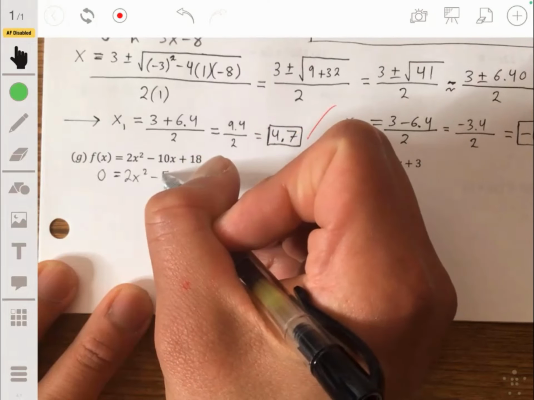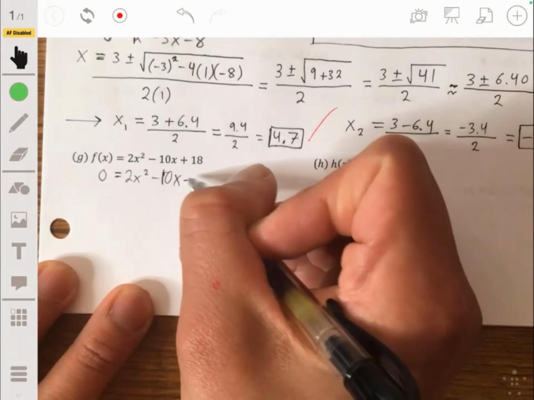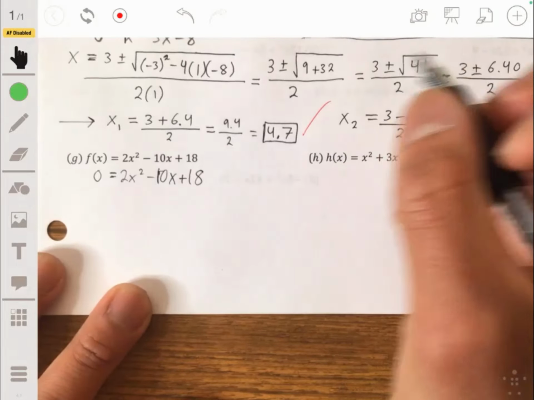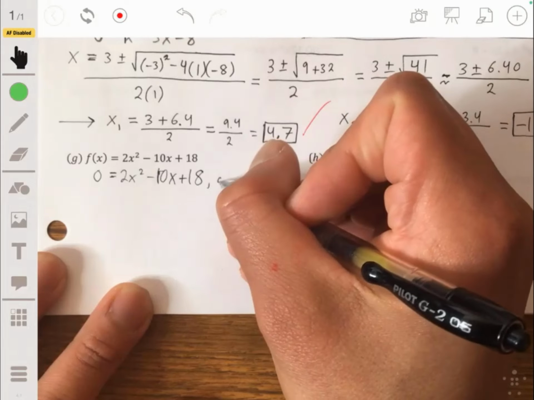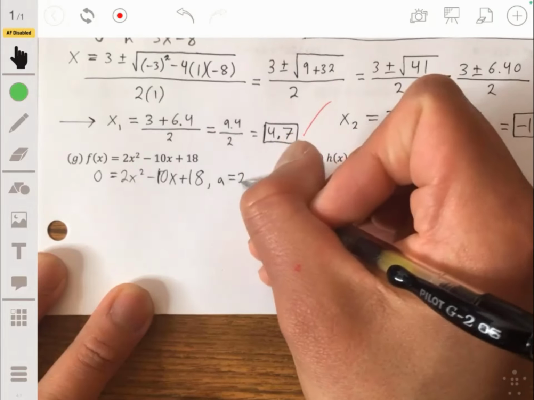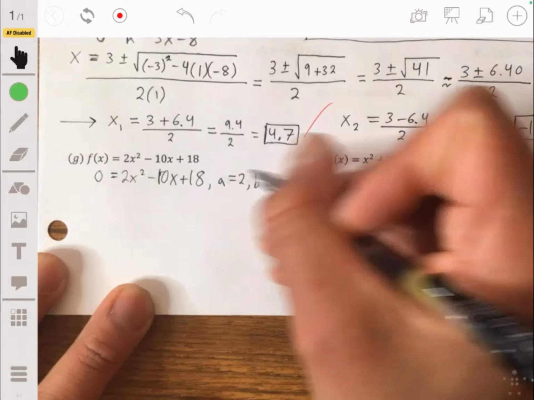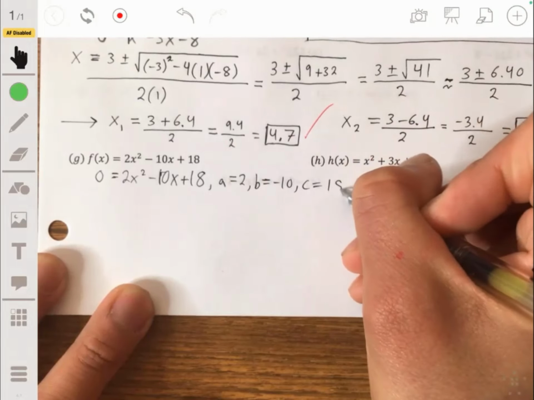And we get 2x squared minus 10x plus 18. Using the quadratic formula again, we'll get a is equal to 2, b is equal to negative 10, and c is equal to 18.